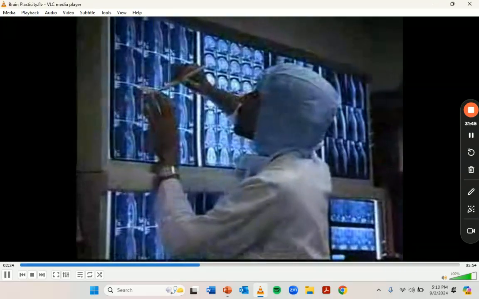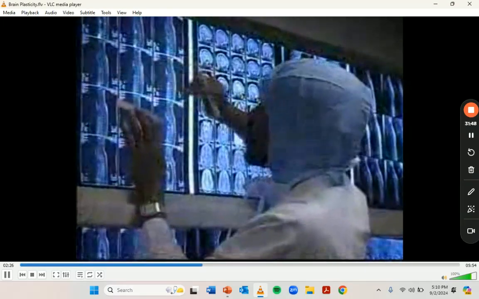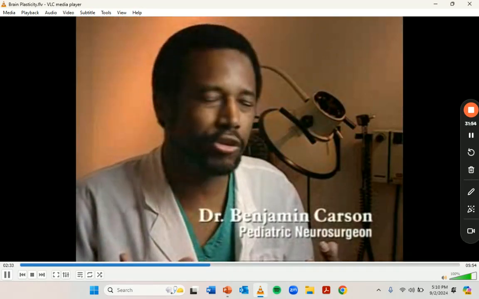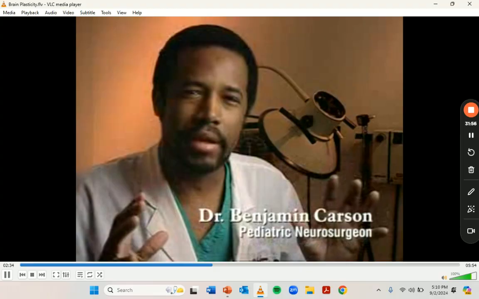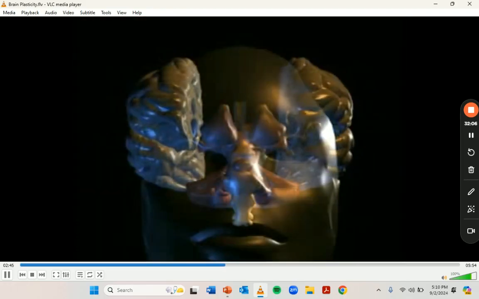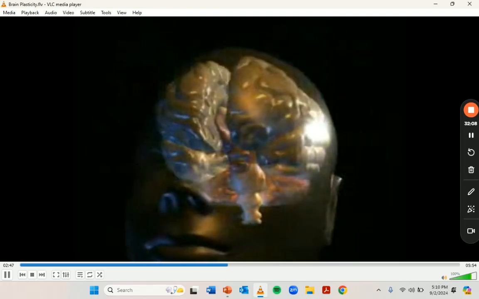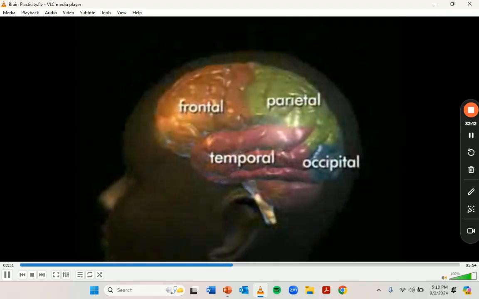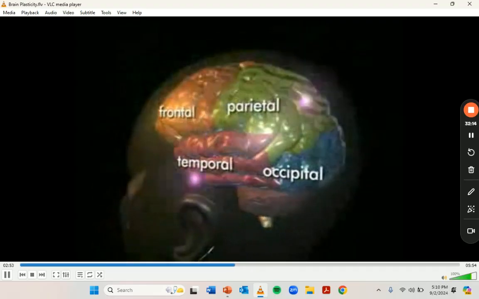The whole concept of taking out half of a person's brain would seem to most people impossible. Human beings are incredible creatures with a brain that is beyond belief in terms of its capabilities, to the point where we can take half of it out and still function in a normal way. 85% of our brain consists of the cerebral cortex, which is divided into 2 hemispheres, each with 4 main lobes.